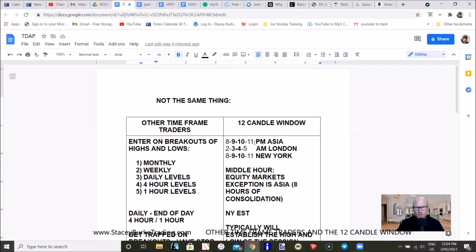When I'm targeting this 12 candle window in Asia, specifically for gold, I'm looking at that movement to be going 25 to 50 pips. Asia will establish a high-low range of approximately 75 pips from high to low every single day, which gives us our benchmark high and low where the rest of the session will start to trade from. But that initial range typically will have to do with triggering other time frame traders into the market.